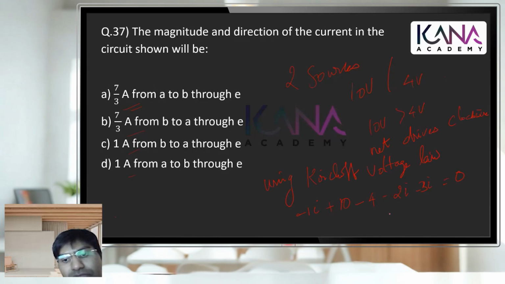Further simplifying, I will get 6I equal to 6, so I is 1 amp. So it's either C or D, but direction-wise it is A to B via E. So it is 1 A from A to B. So it will be option D.